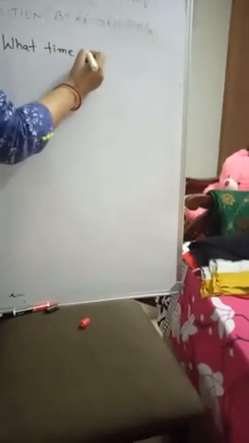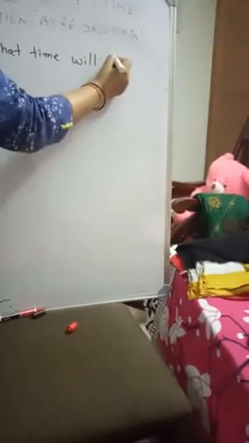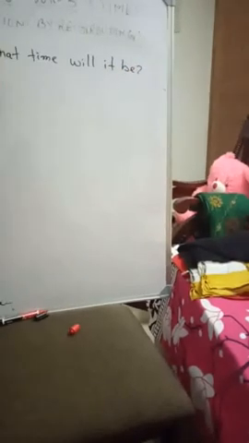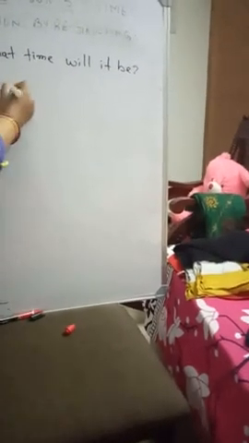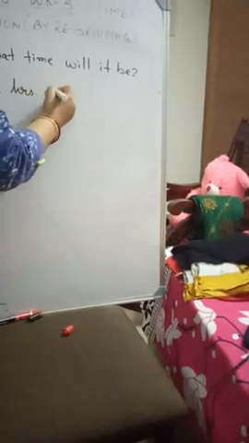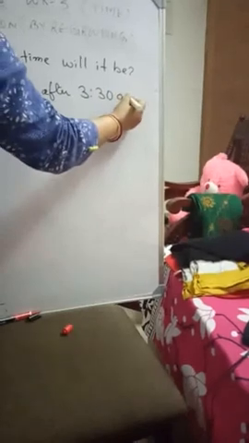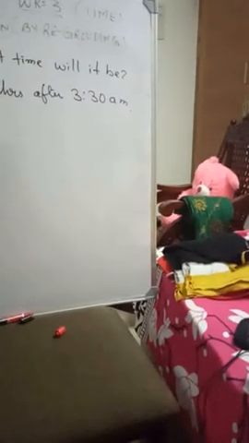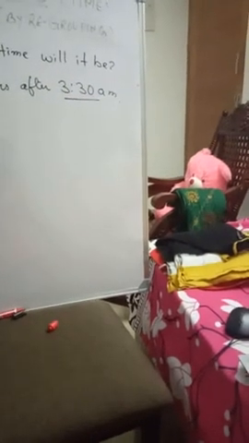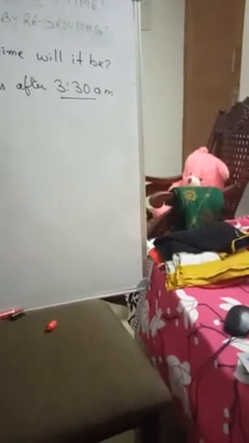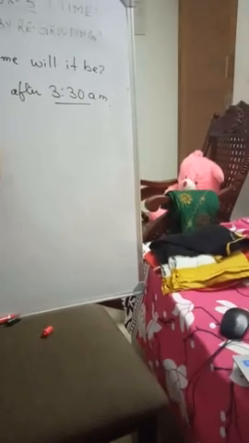Now come to question number 2. Question number 2 is, what time will it be 2 hours after 3:30 a.m.? So firstly you go forward of 3:30 a.m. Firstly I will start with 1 hour.